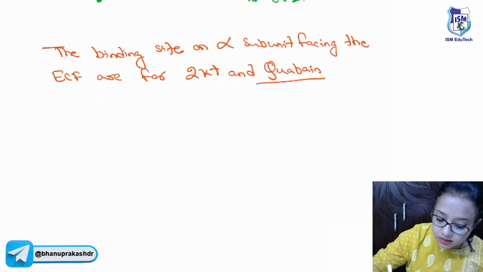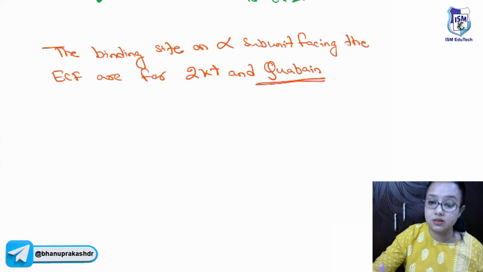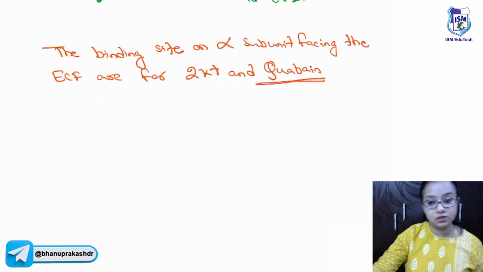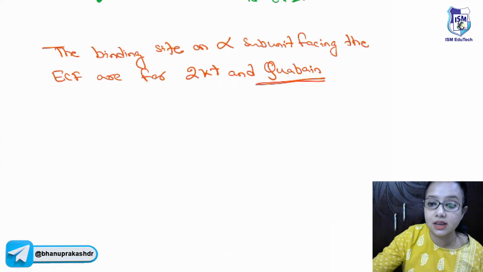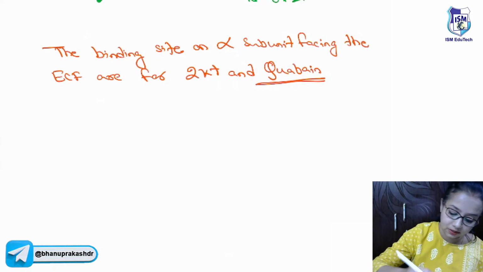Now, what is ouabain? It is a derivative of digitalis like digoxin and all. These are all cardiac glycosides.